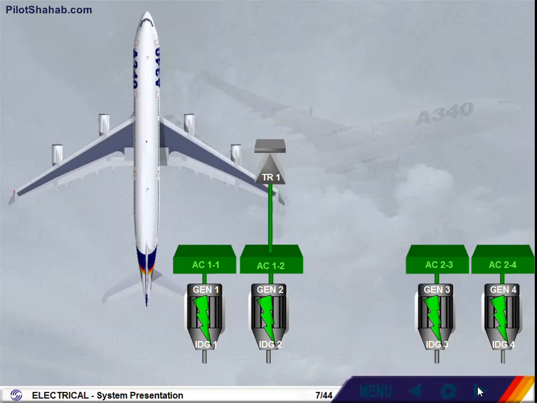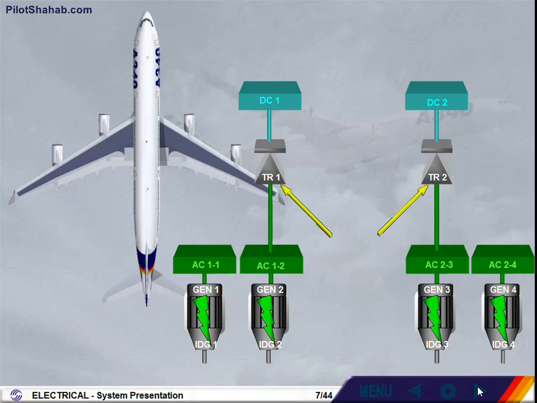AC bus 1-2 supplies TR1. AC bus 2-3 supplies TR2. The TR convert alternating current into direct current, DC, to supply their associated DC buses, DC1 and DC2.